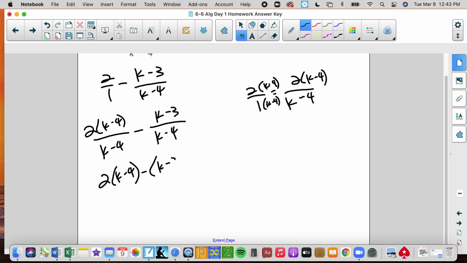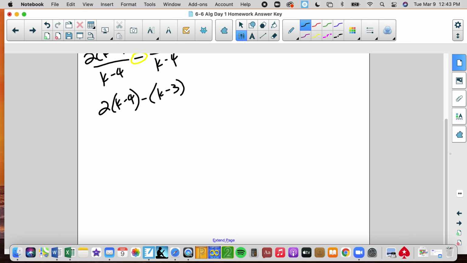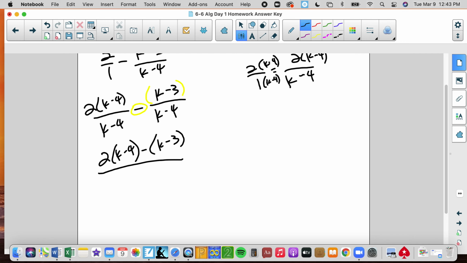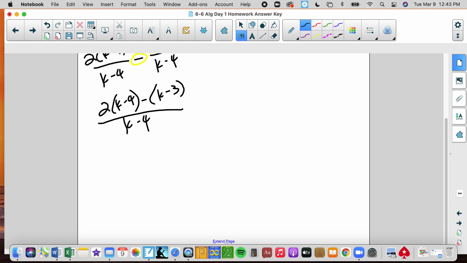That's a crazy one. So because of that negative, we have to keep that together. That's probably where some people are going to make a mistake there because there's 2 terms that we have to distribute that negative. All right, so we have 2 distributions. This is good. So we got to distribute that 2 into that parentheses, and we have to distribute the negative into that parentheses.